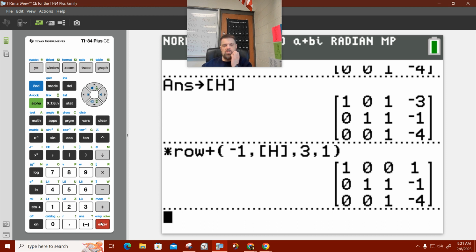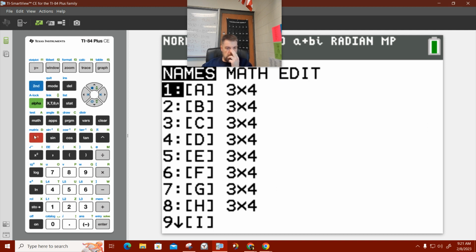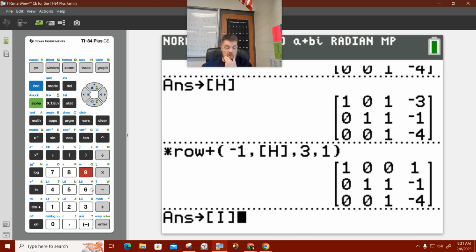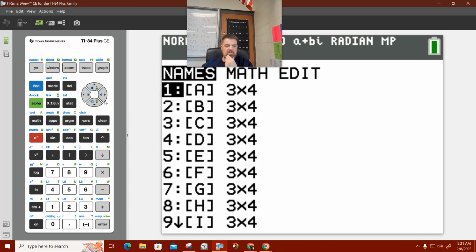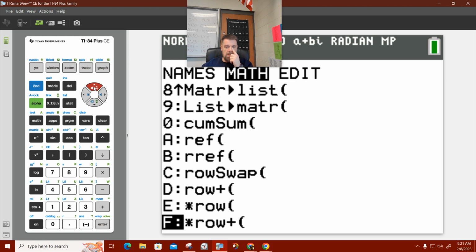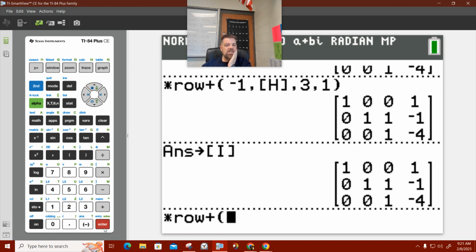Boom. X equals 1. Let's store that. We're on matrix I now, which is the 9th one. Hit enter. All right, now I've got to do that again and add it to row 2. So I'm going to hit second matrix, and then go to the math menu. Multiply a row and then add it to another.